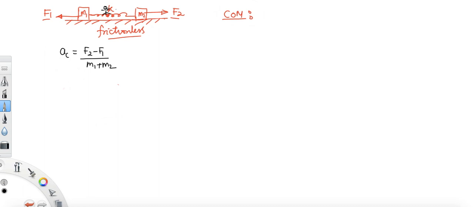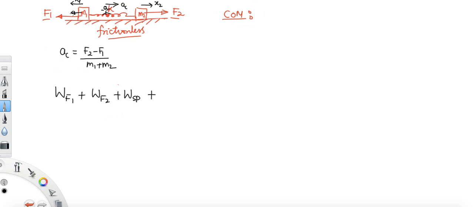Sitting here and observing the displacement of the blocks from this frame, let x1 and x2 be the displacements at any instant of time. Then we apply the work energy theorem from this frame of reference: work done by F1 plus work done by F2 plus work done by the spring force, and also the pseudo force, since this is an accelerated frame whose acceleration is AC towards the right.